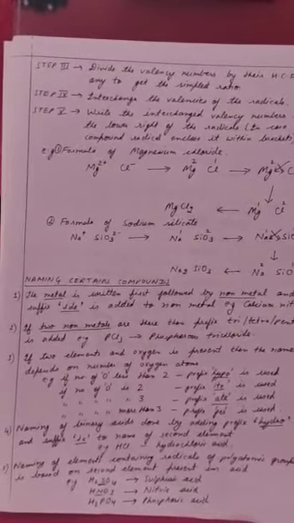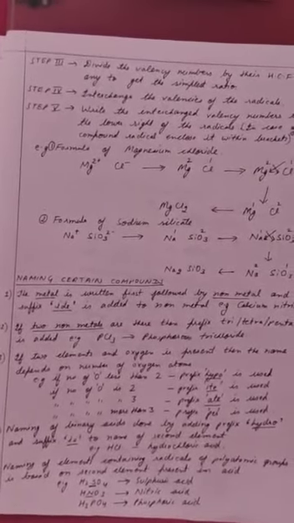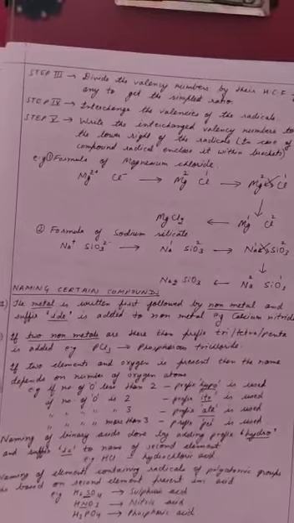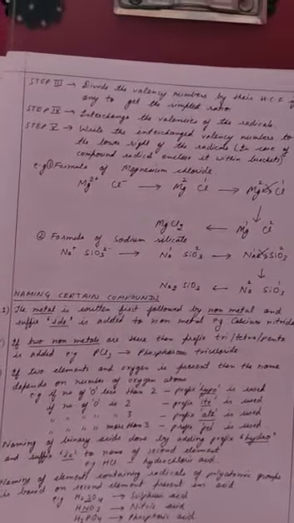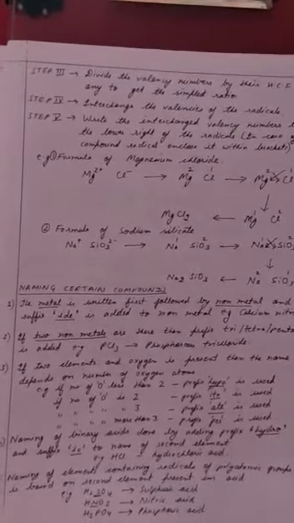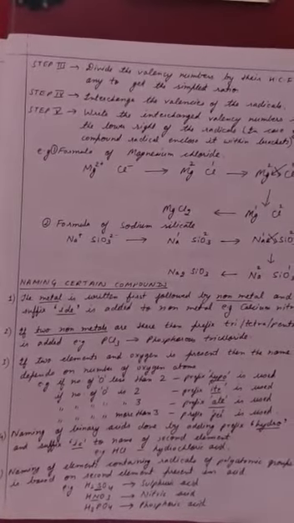Then step 4 involves interchanging of valencies of the radicals, and then step 5 is to write the interchanged valency numbers to the lower right of the radical, that is, as a subscript. In case of a compound radical, we have to enclose the radical within brackets.